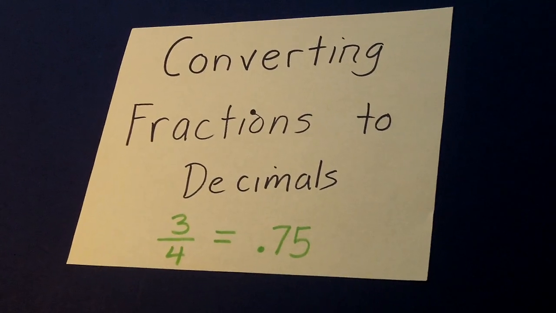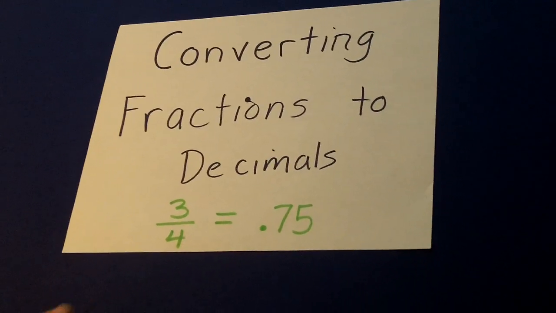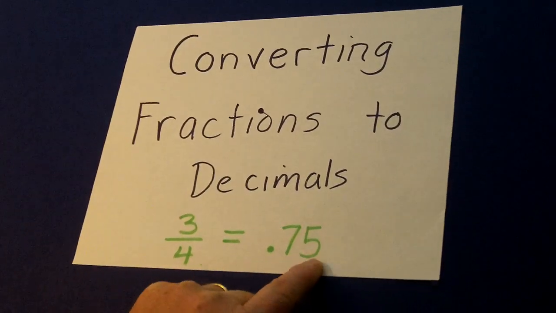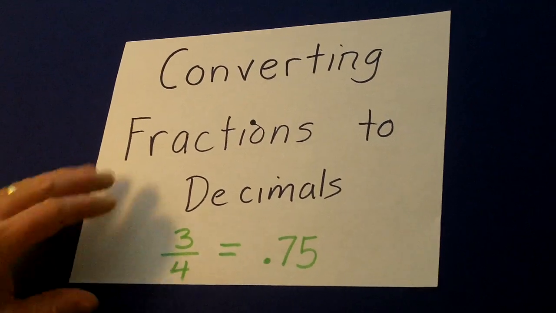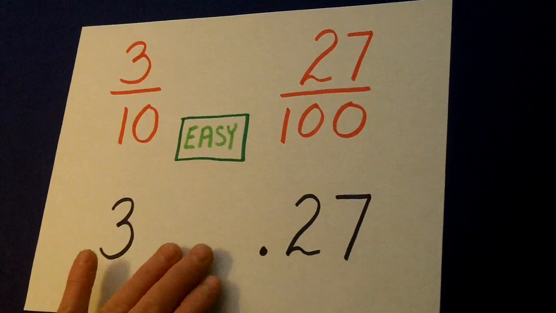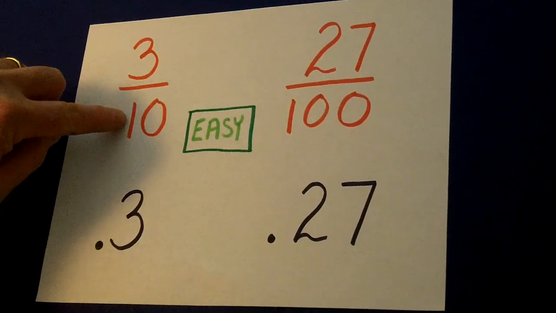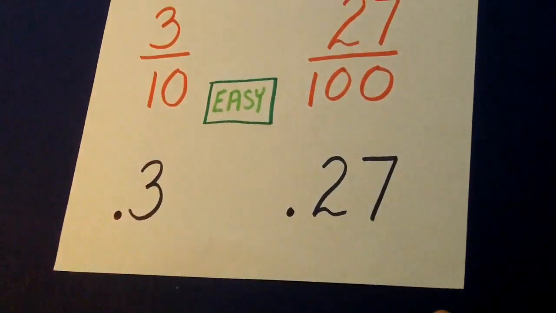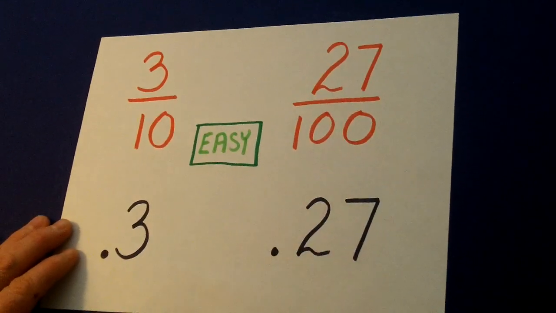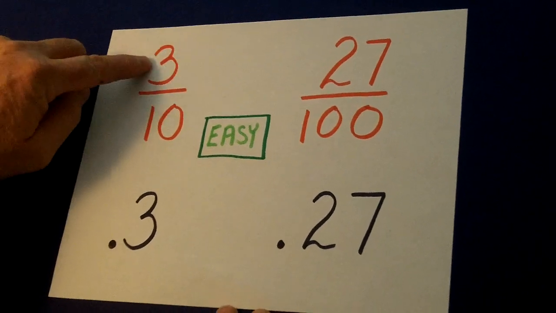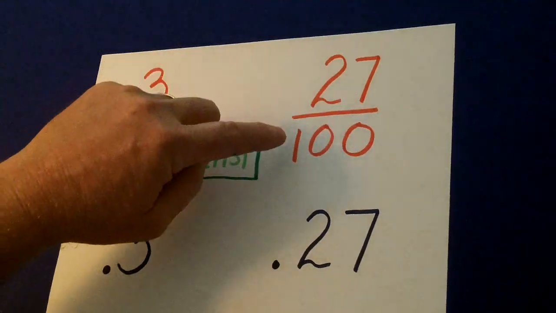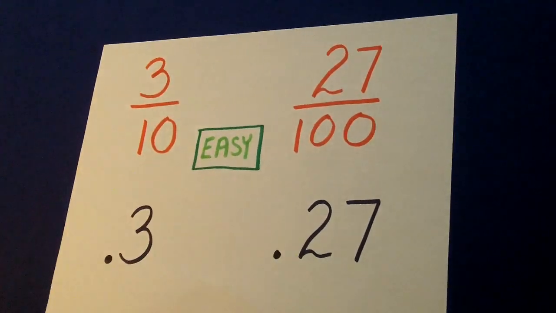This lesson focuses on converting fractions to decimals, like 3/4 converts to 75 hundredths. Well, how is that done? When we're given the easiest of examples, when the denominator is already in a type of decimal, either tenths or hundredths, we can just say this: 3/10, 27 hundredths.